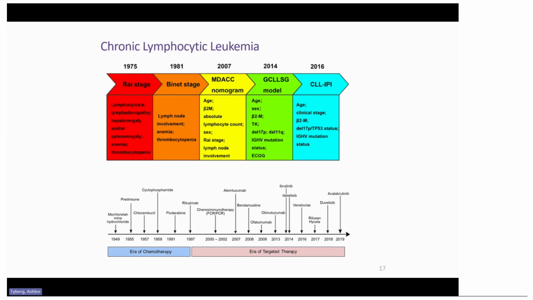So that was the standard of care for a while. That was the years during my fellowship. Some new antibodies came out, and then this drug called bendamustine came out, which we really thought was going to be great. But as it turns out, nothing was better than the targeted therapies that were subsequently invented. So we've left the era of chemotherapy. We've gone into the era of targeted therapies for CLL as well.